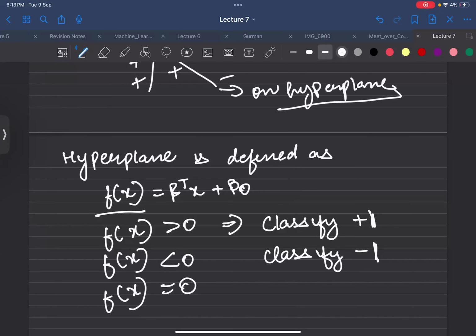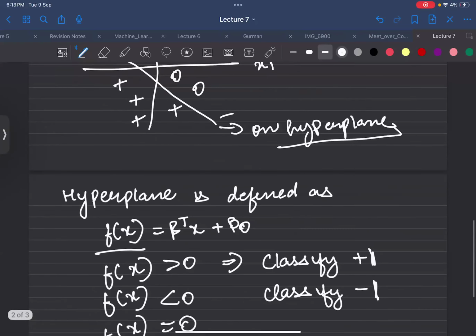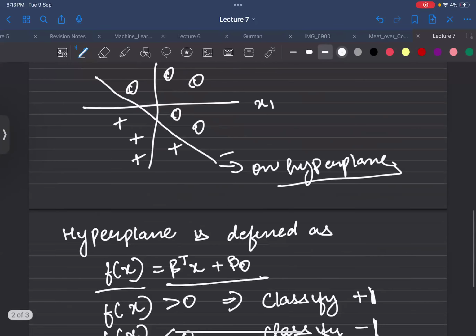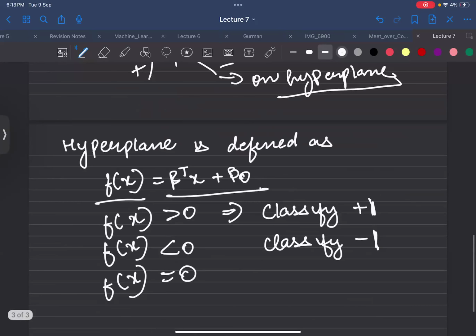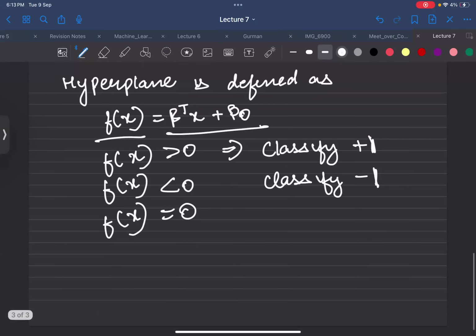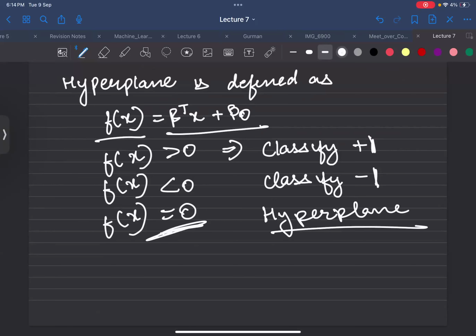If the class is positive, then it is +1. If this line is basically above, it's +1. If it's below, then it's -1. We have only two classes. We don't have three classes. Actually, last time also you told me the same when we were doing LDA. So when it's 0, it's on the hyperplane. It's on the margin itself. Fine?